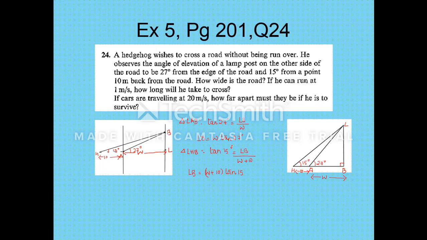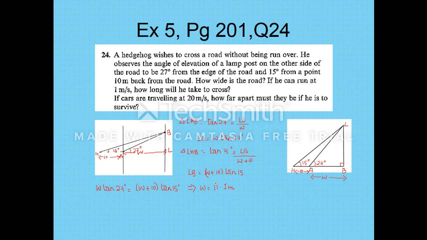So we can basically equate the value of LB from both the places, which brings us to W tan 27 degrees is equal to (W plus 10) tan 15 degrees.